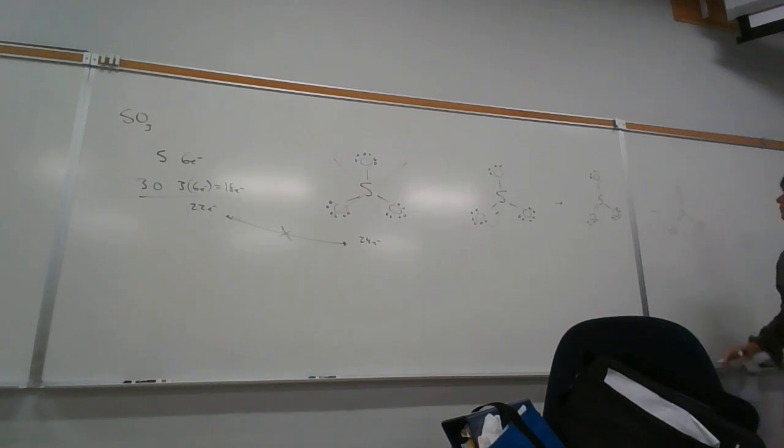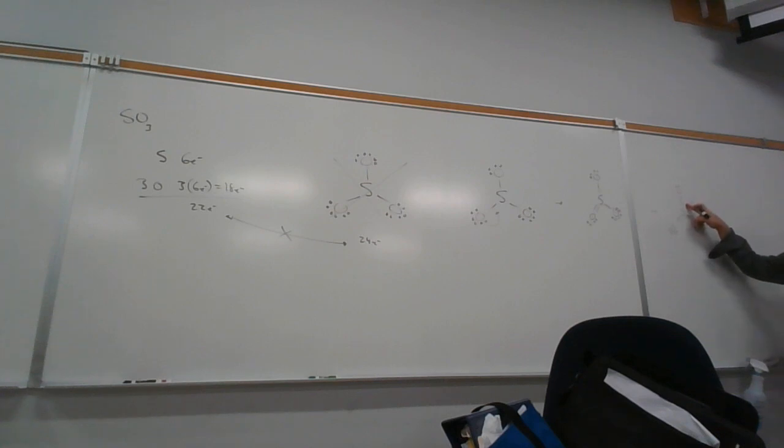No, only a double bond on that. Only a double bond on this one? Yeah. No double bond here? So you did this. Something like this? Yeah. Did it look like this structure? That's what I got. That's what you got as well?